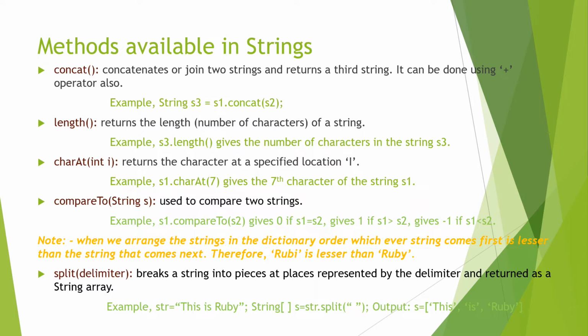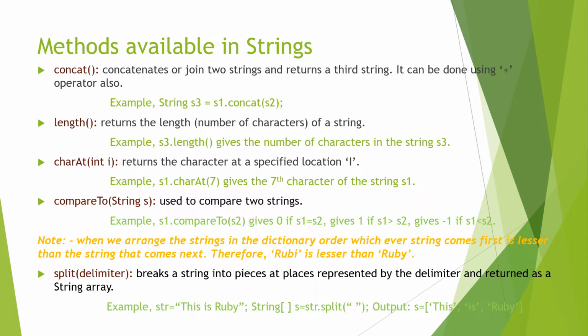Next we come to compareTo(String s). This method is used to compare two strings. For example, s1.compareTo(s2) gives 0 if s1 and s2 are equal. It gives 1 if s1 is greater than s2. Else it gives -1 if s1 is less than s2.